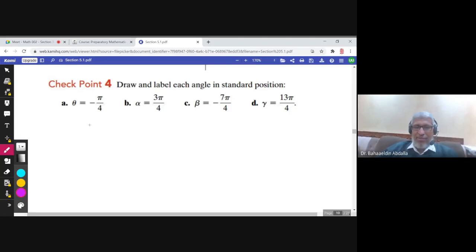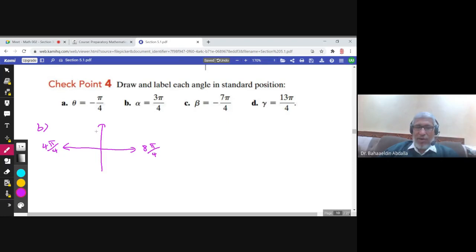For example, I think negative pi over 4 is easy. 3 pi over 4, let us sketch the graph of 3 pi over 4. You write here 4 pi over 4, and you write here 8 pi over 4.